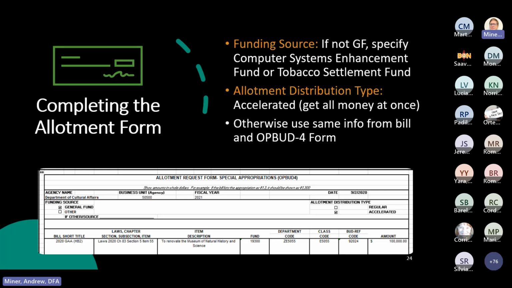Allotment distribution type over there on the right, that should be accelerated for these, right? Because for these special non-recurring appropriations, you get all the money at once, as opposed to your regular 1/12 allotments for your Section 4 budget. Okay, so check accelerated for these. Again, otherwise, just use all the same info from the bill and your Op Bud 4 form and the budget code table.